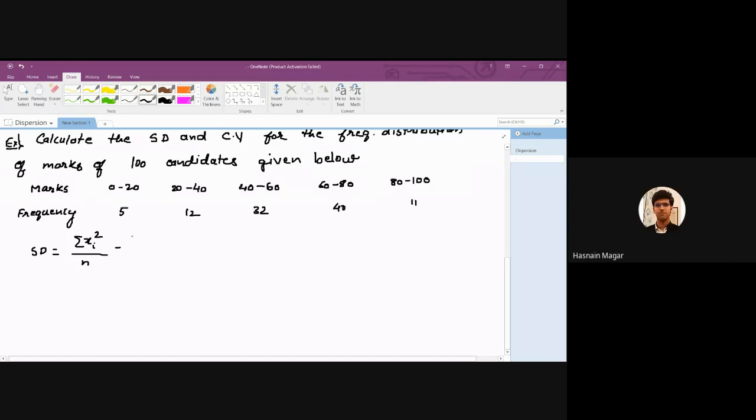So maybe the second part should be summation xi fi upon summation fi whole square.